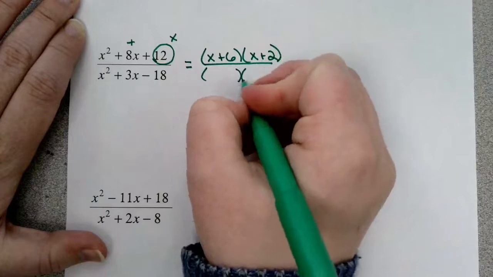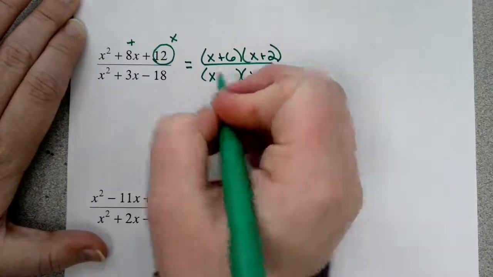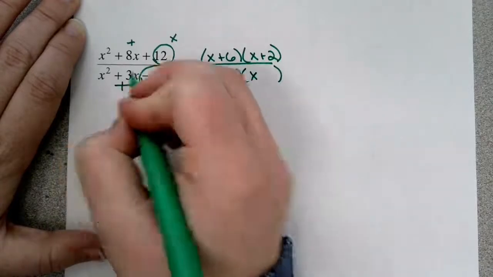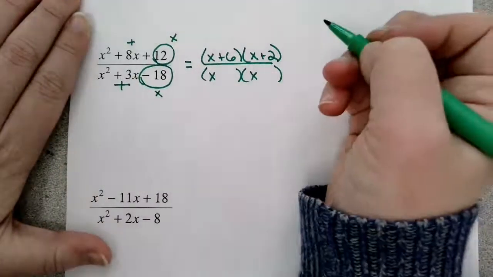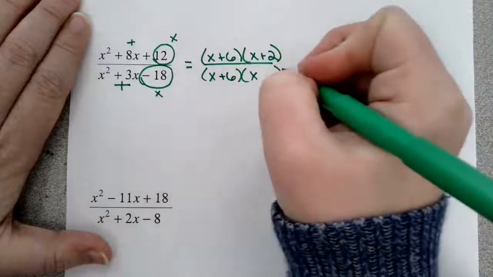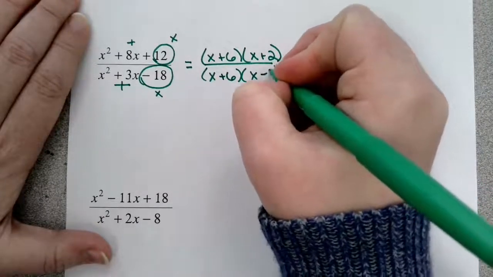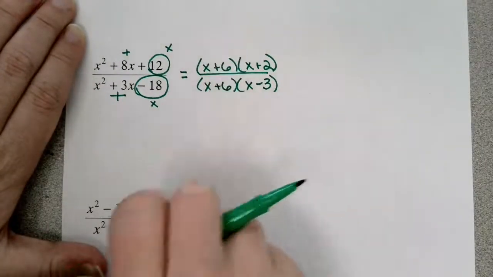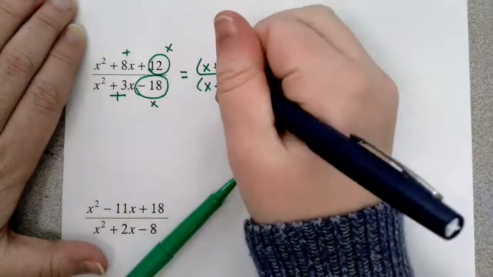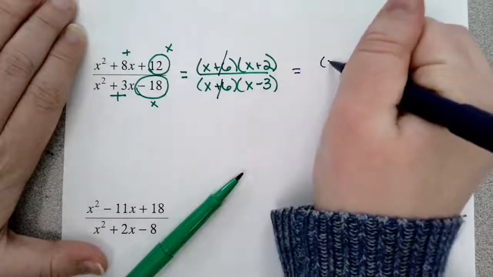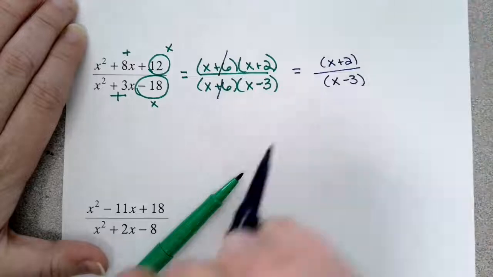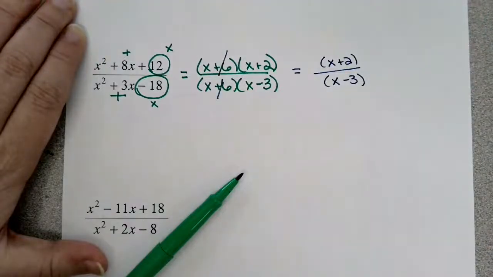And then my bottom, what two numbers multiply to be negative 18 and add to be 3? Positive 6 and negative 3. And now you'll notice I have an x plus 6, leaving x plus 2 over x minus 3 as my final answer, because I can't simplify those.